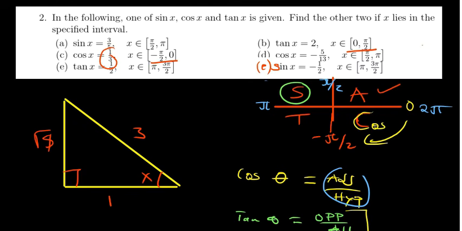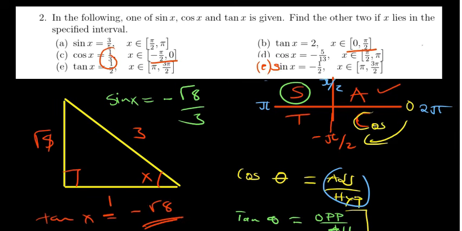So sine will be the opposite, to be negative, the opposite over the hypotenuse. And then tan will also be negative, over 1, which will not change anything. So basically that's how you handle questions here.